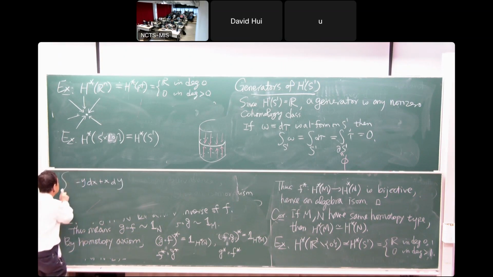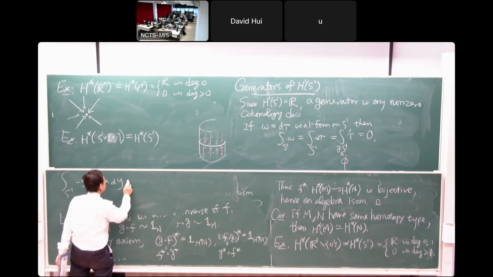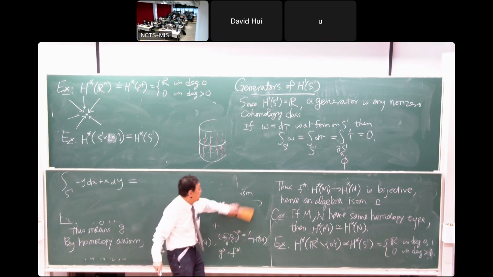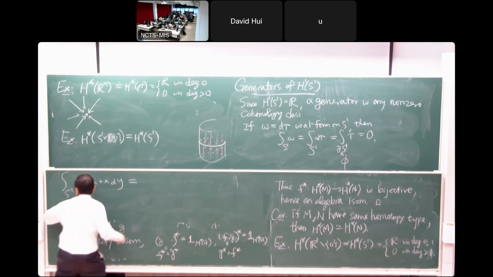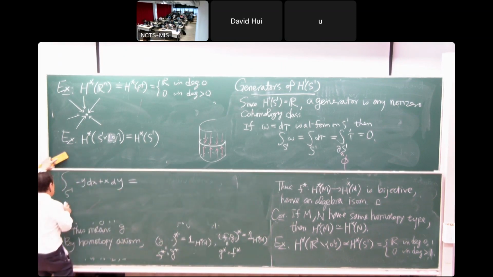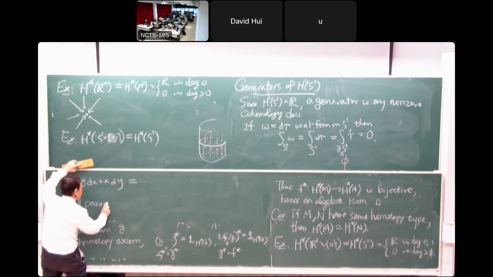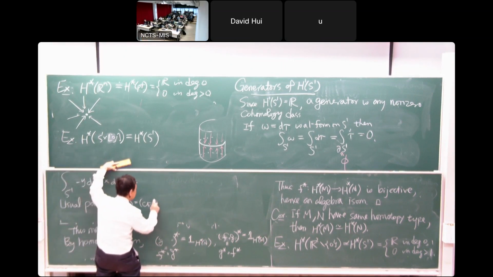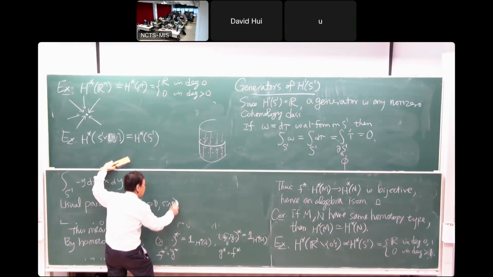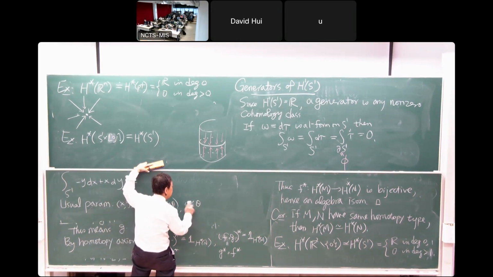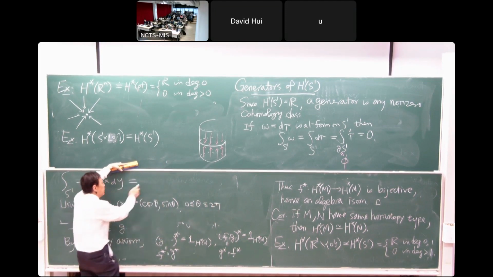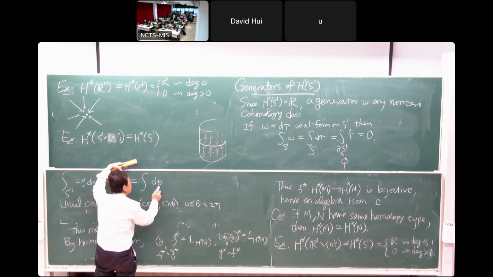If you integrate this on the circle, and you use the usual parametrization of the circle, x, y is cos theta, sine theta, where theta goes between 0 and 2 pi, then when you work it out, you'll see that it's just d theta.